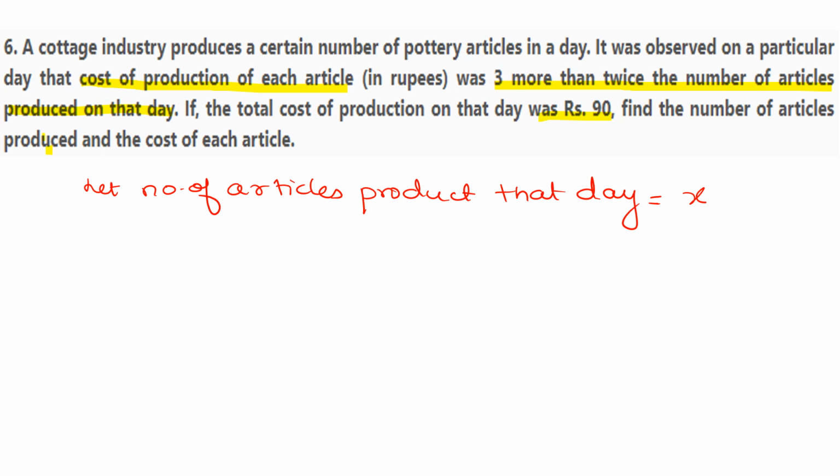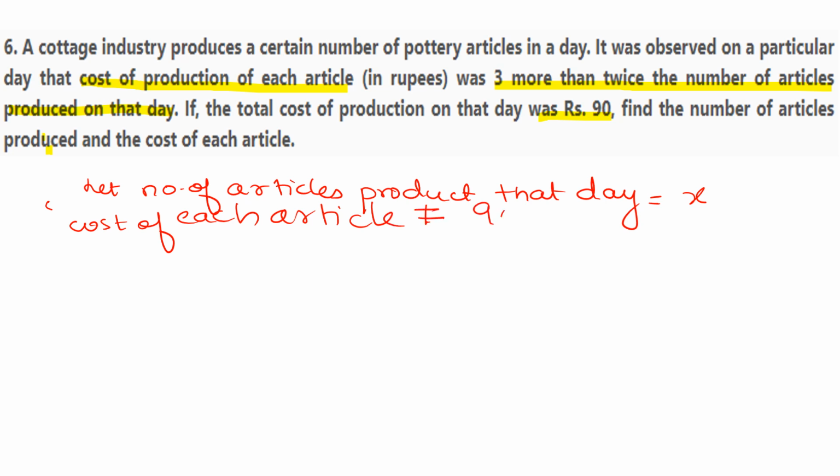That is 100 by 10, we get 10. So 10 rupees will be the cost of one pencil. Here also, the number of articles produced that day is x and total cost is 90. So the cost of each article will be 90 by x.